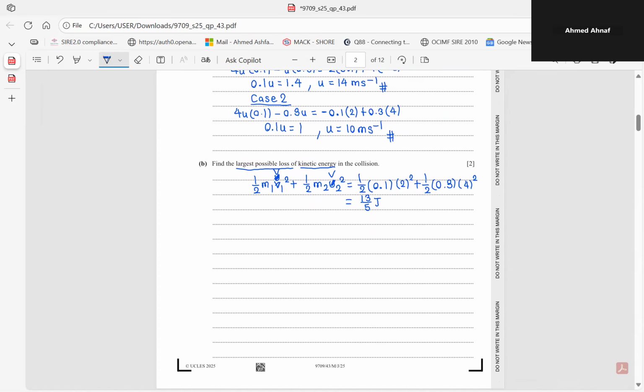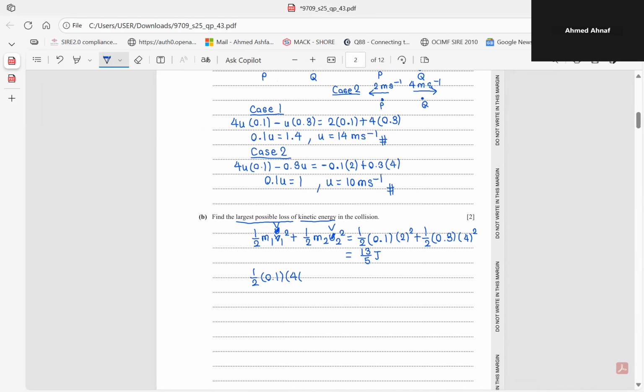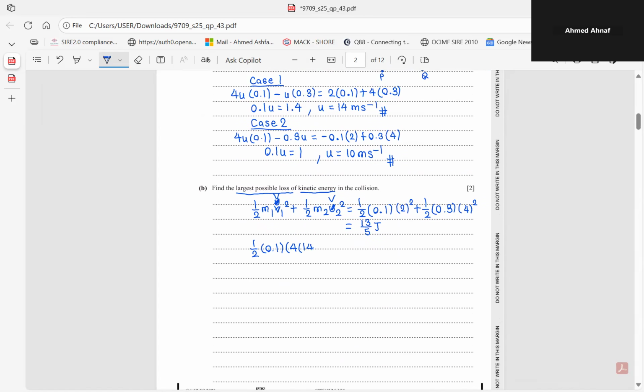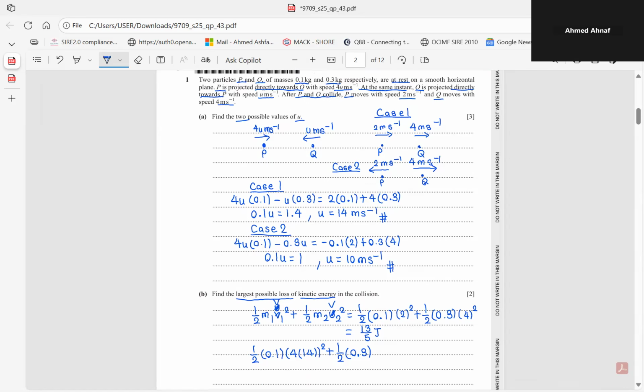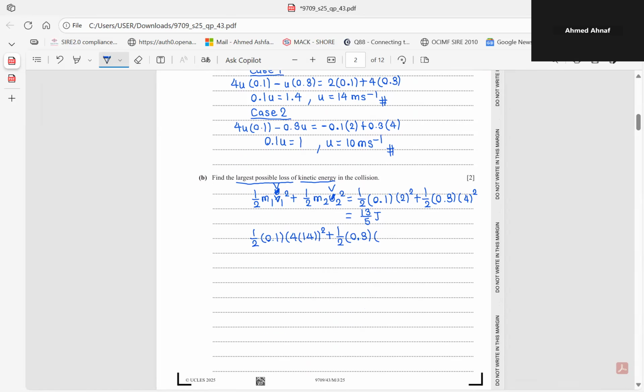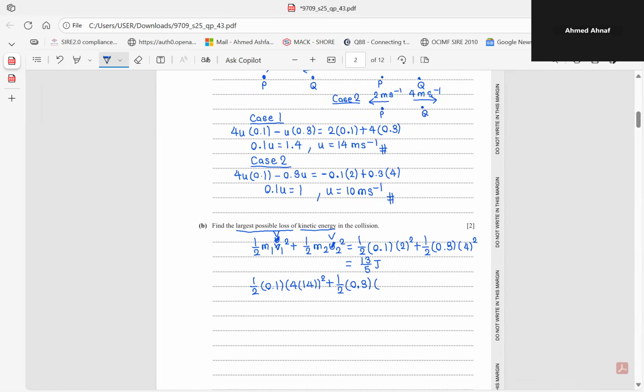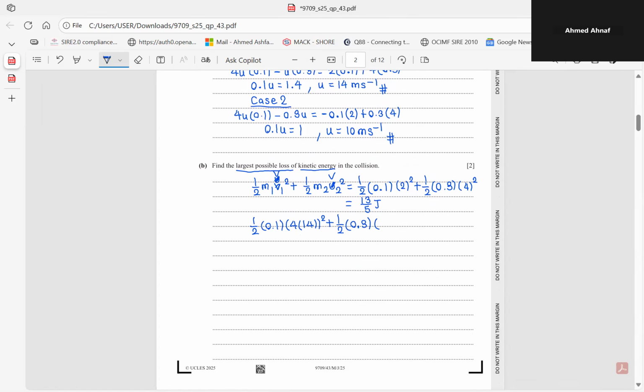For P, that is going to be half times 0.1 times 4U, so 4 times 14, squared, plus half times 0.3 times U squared, so U is 14 squared.